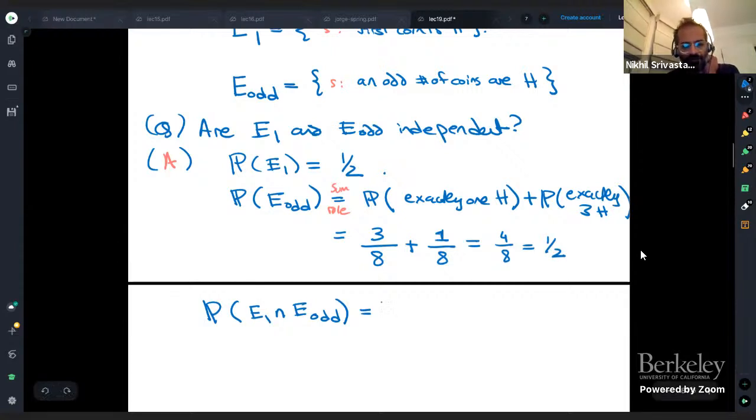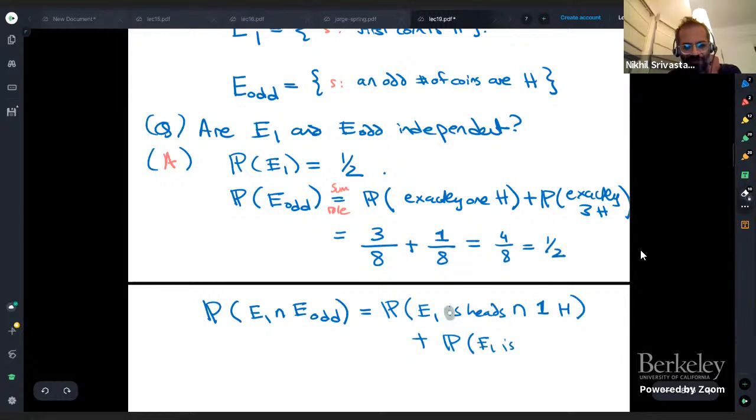So again, by the sum rule, this will be the probability that E1 is heads and exactly 1 head, plus the probability that E1 is heads and 3 heads. Sorry, E1 is already the event that the first coin is heads. So, I should be using cleaner notation: E1 intersect the event that there's 1 head, plus E1 intersect the event that there are 3 heads.